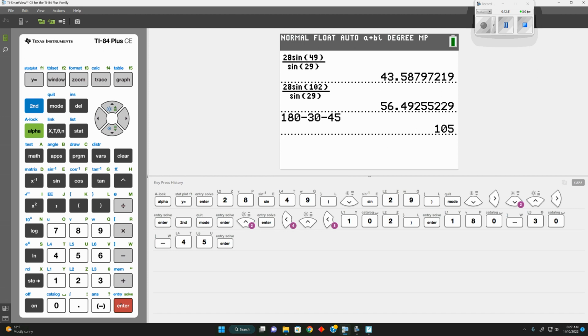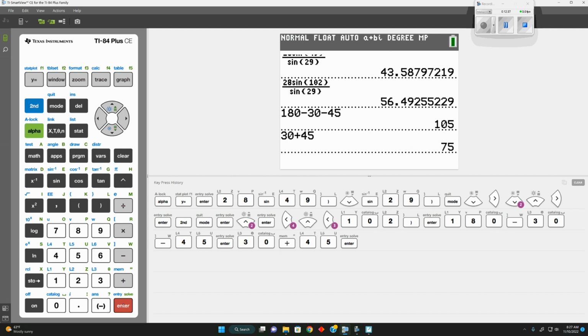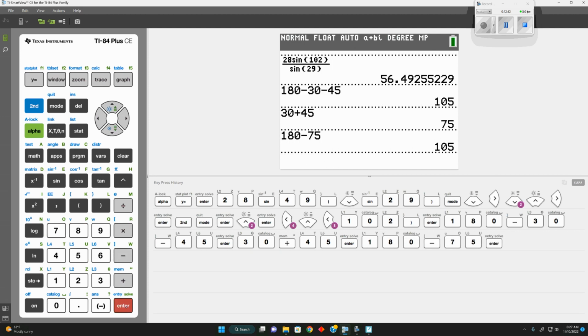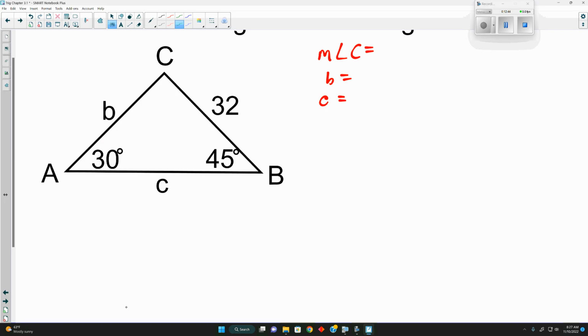Because we can just subtract each one from 180 and we get our answer. Because if we wanted to, we could have said 30 plus 45 is 75. 180 minus 75 is 105. We get the same answer. So the measure of angle C is 105 degrees.